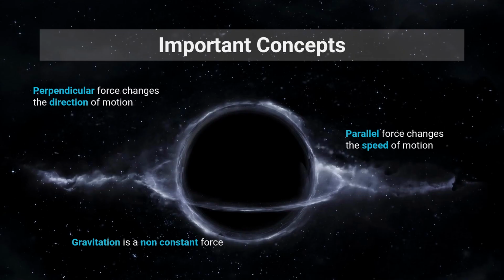Some important concepts to understand is that the perpendicular force, or the perpendicular rate of change of momentum, causes a change in direction of motion, while the parallel force, or parallel rate of change of momentum, changes the speed of motion. Another thing is that gravitation is a non-constant force, which means that when we use V average in our equations, we can assume that V average is V final.